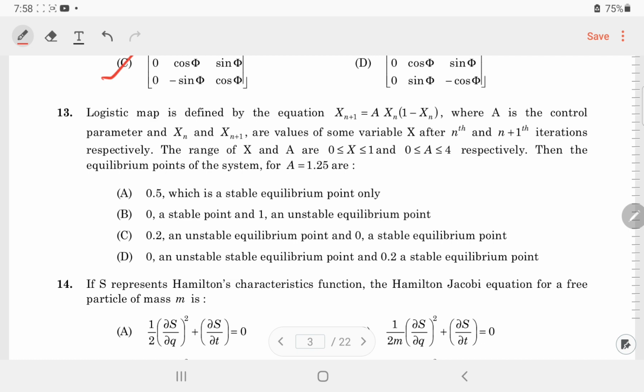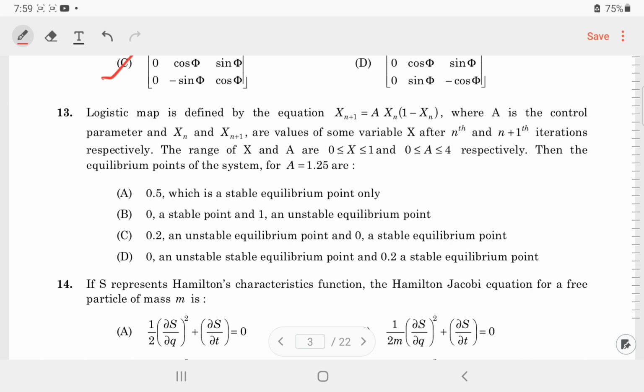Next question. The logistic map is defined by the equation x n plus 1 equal to a x n into 1 minus x n, where a is the control parameter and x n and x n plus 1 are values of some variable x after the nth and n plus 1th iterations respectively.